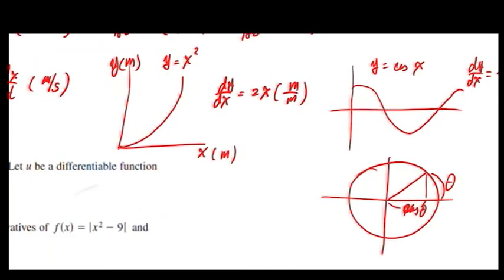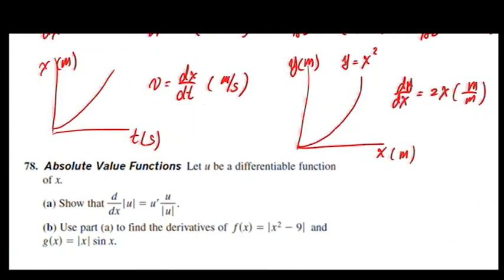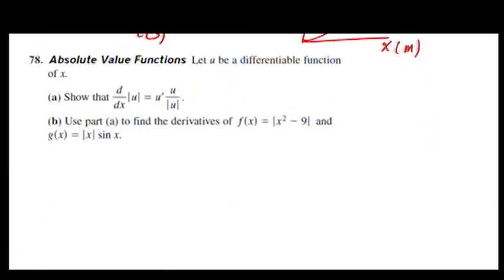Okay, then let's do this. Let's review what the absolute value of x was. You remember what this was? It is x if x is positive, and negative x if x is negative.